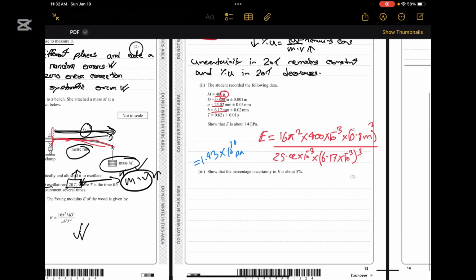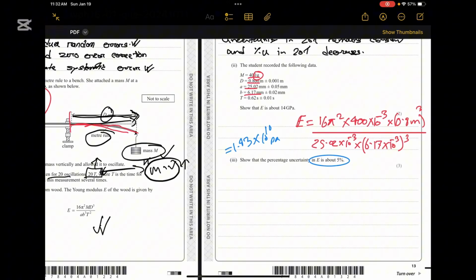In the next part they have said so that the percentage uncertainty of E is about 5%. They have asked us to find out the percentage uncertainty in E. This E includes m, d cubed, a, b and t squared.